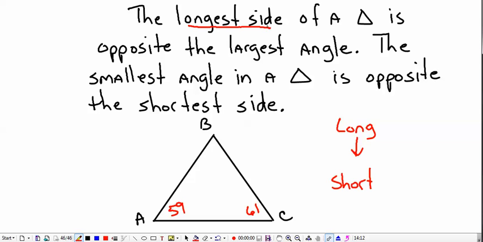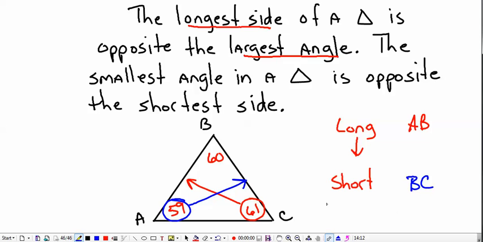Longest side opposite largest angle. Well, let's figure out what this angle is. That's 60. Isn't 61 the biggest? Isn't it opposite the longest? The longest is AB. Isn't 59 the smallest? Isn't it opposite the shortest? That's BC. Your middle side is going to be opposite your middle angle. Make sense?